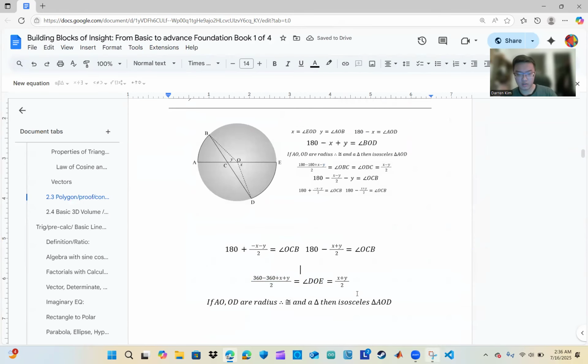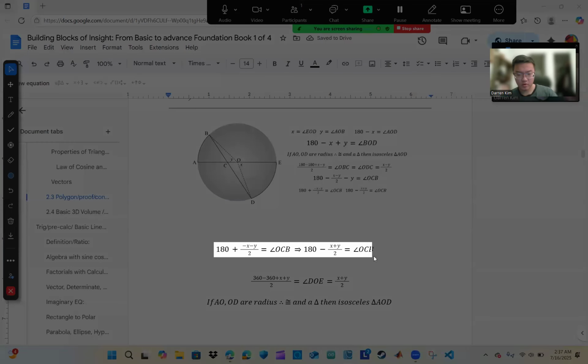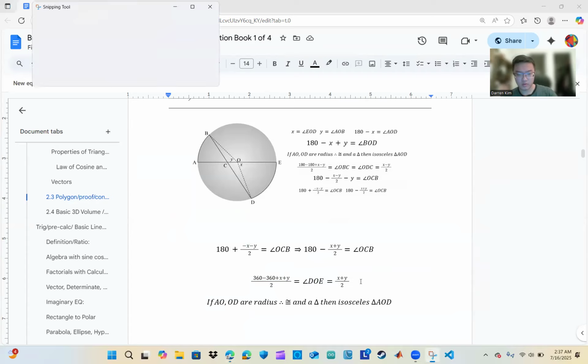The last section. I don't like that either. Hmm, there we go. Oh, there it is.